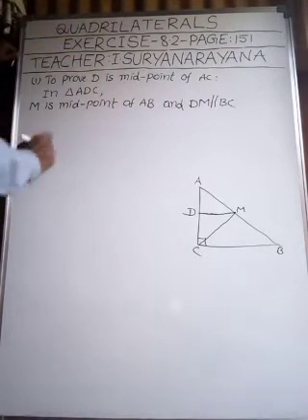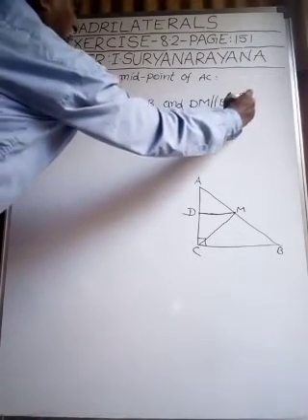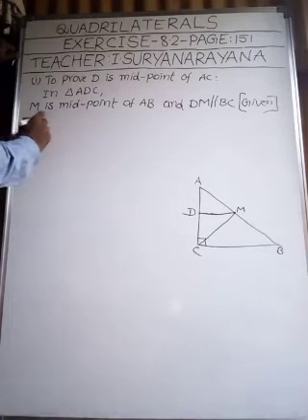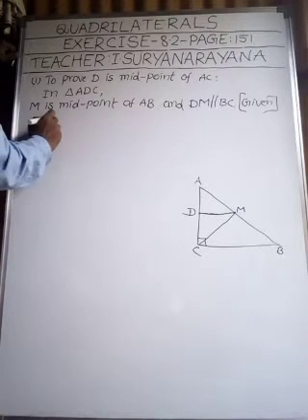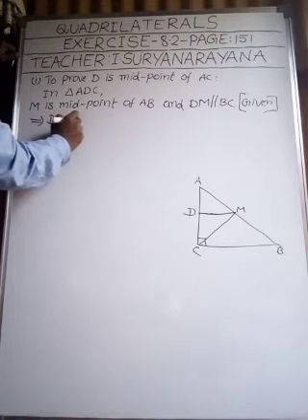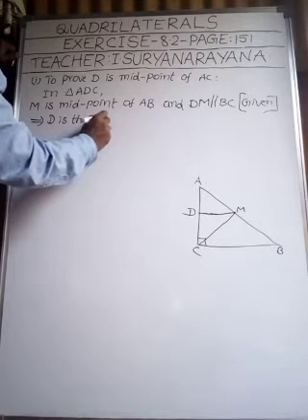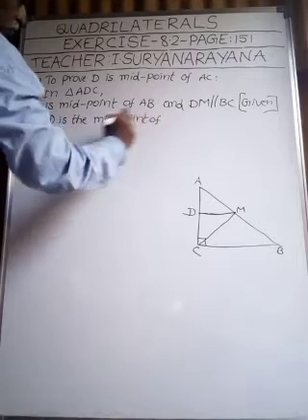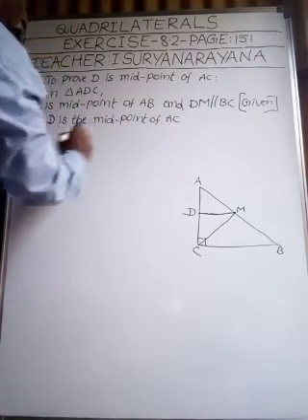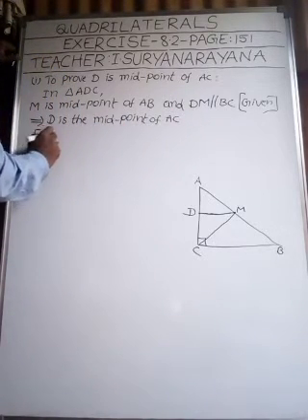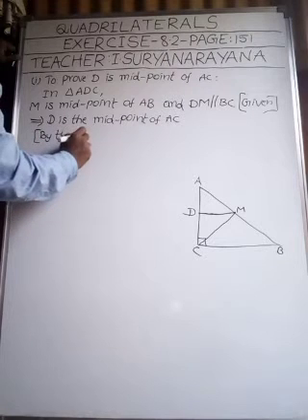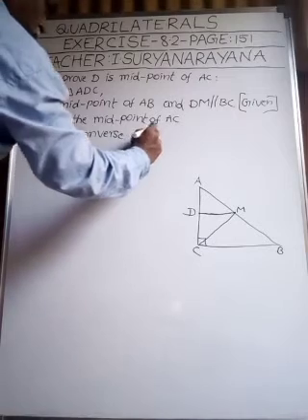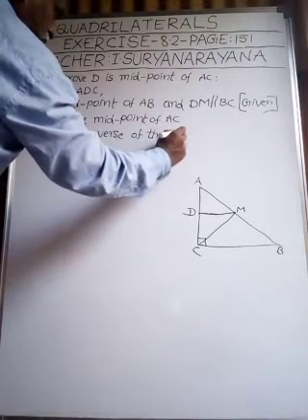This implies that D is the midpoint of AC by the converse of the midpoint theorem.